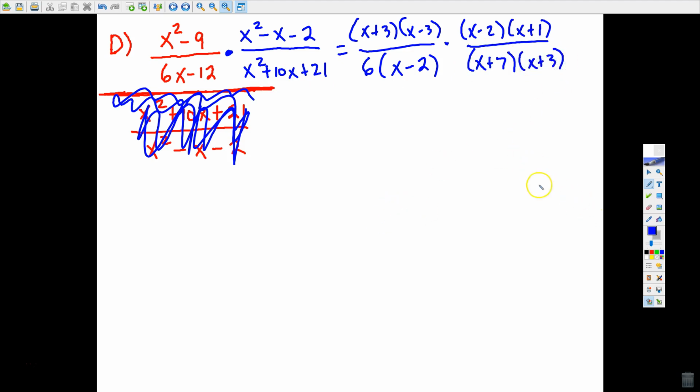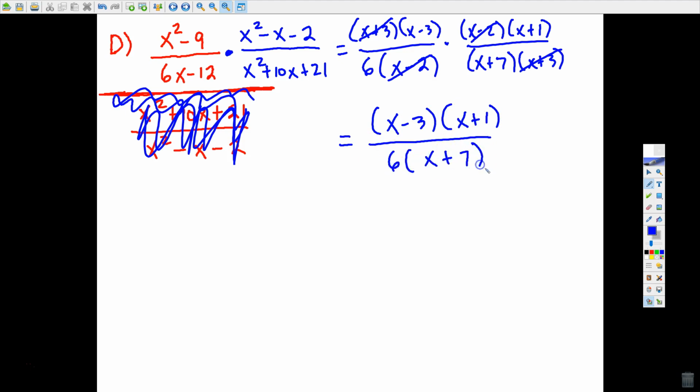And now we start canceling matching factors like x minus 2, x plus 3, nothing else cancels, and so just write down the factors that remain. You do not have to multiply these together. You can just leave your answer in factored form. And that should be your answer for letter D.